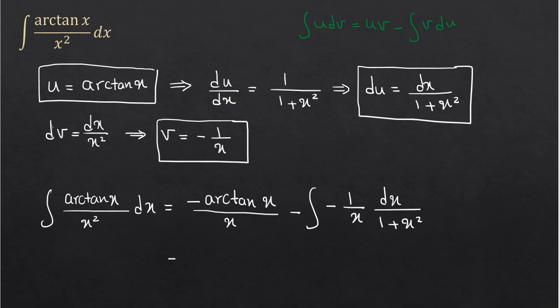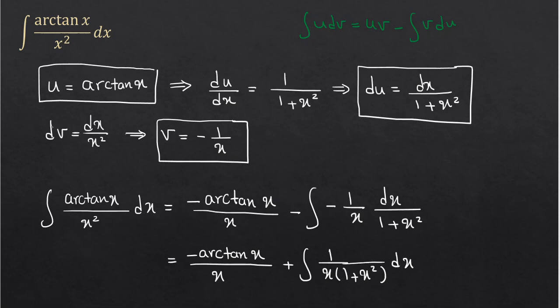If I simplify this, I will have minus arctan x over x plus the integral of 1 over x times 1 plus x squared dx. That is our integral.